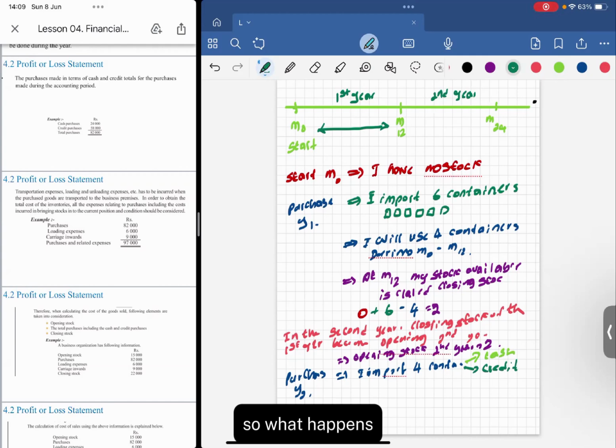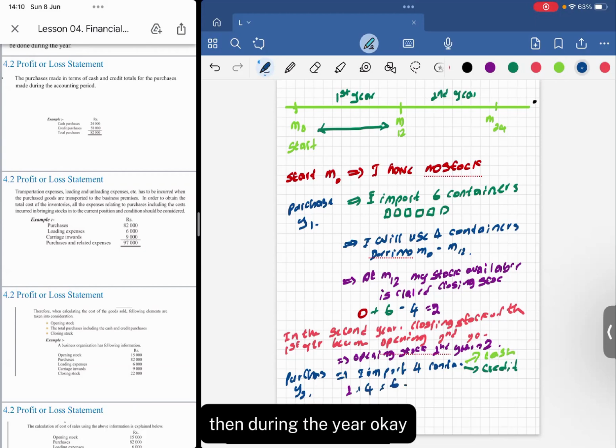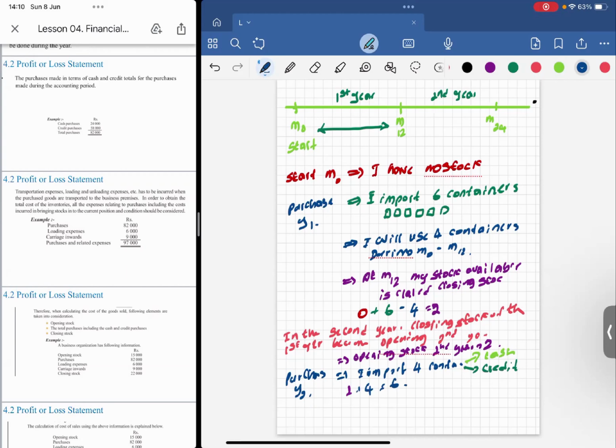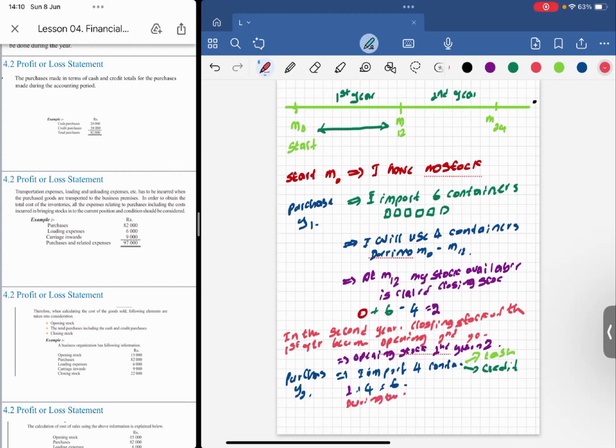So what happens? I had 2 as closing stock, I imported 4, and now I have 6 containers. Then during the year, let's say I use 3 containers.